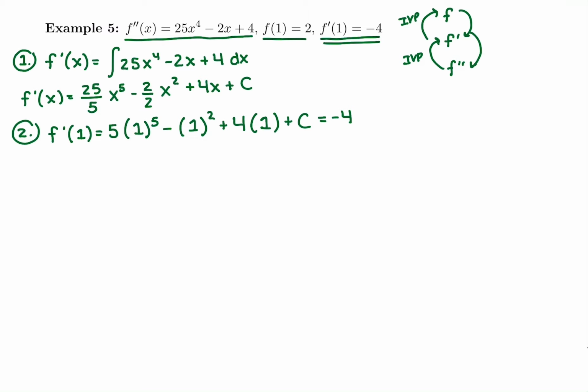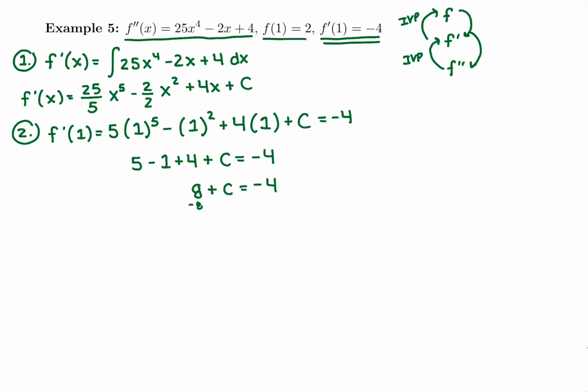So remember PEMDAS, exponents before multiplying, so 1 to the 5th is 1. Times 5 is just going to be 5, minus a 1 squared is 1, plus 4 times 1 is 4, plus c is supposed to equal negative 4. So we have 5 plus 4 is 9, minus 1 is 8, plus c is negative 4.